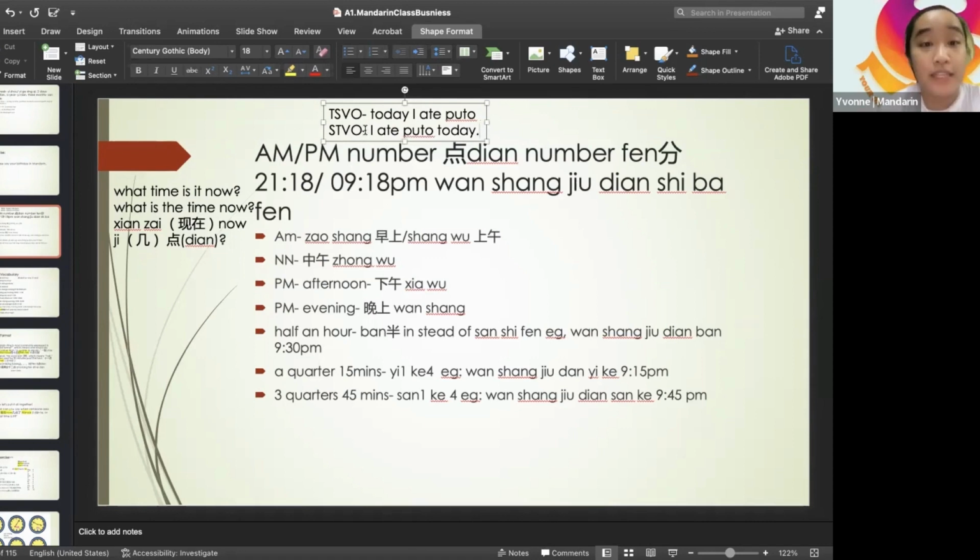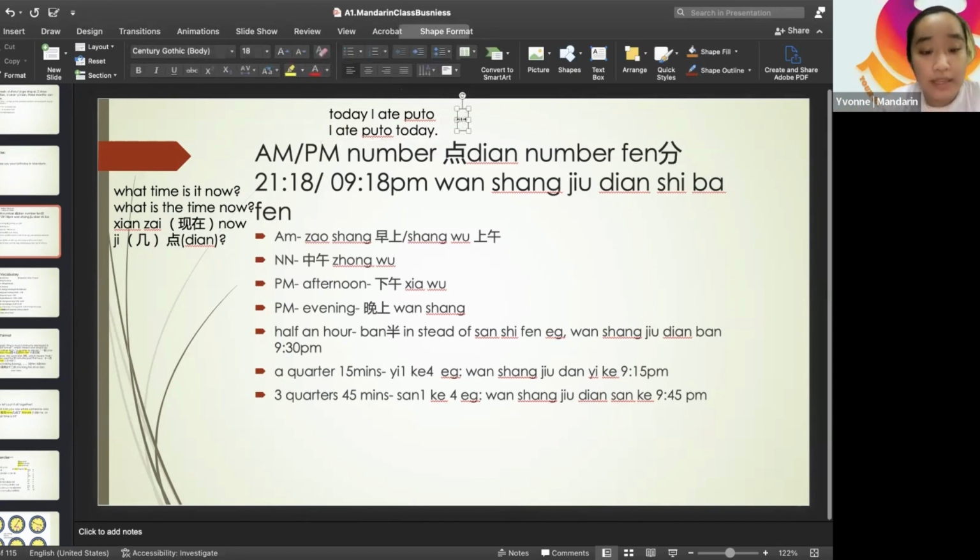In these two sentences, except shuffling the positions, is there any difference in their meaning? Is there any alteration? Yes, exactly, none. It still meant that I ate puto. So how do I do it in Mandarin then?